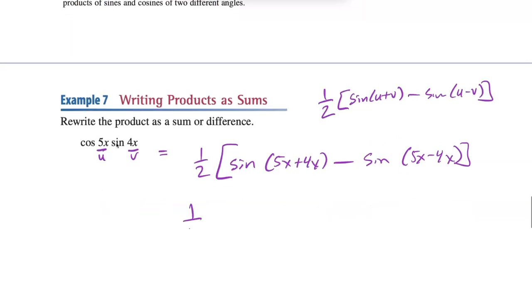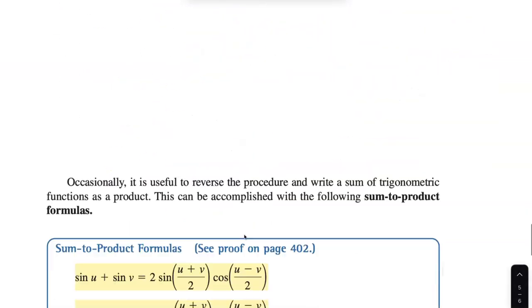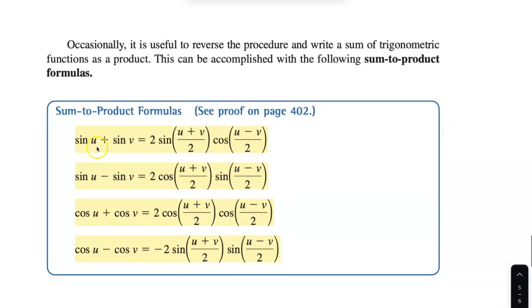So I get 1/2 sine of 9x minus sine of x. So we just turn this product into this difference. And you might need that sometimes in higher math. And occasionally you could go backwards, right? You have a sum or a difference and you want to make it into a product.